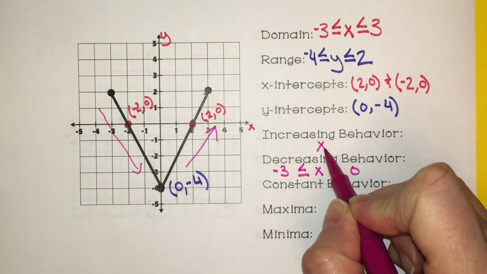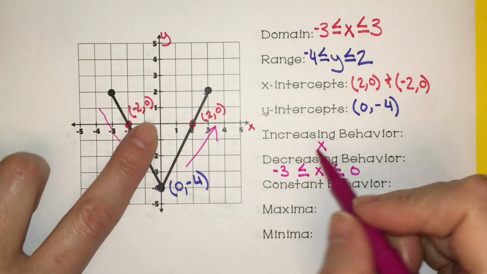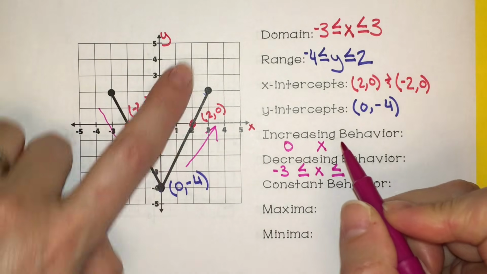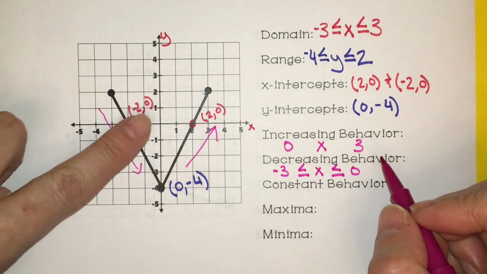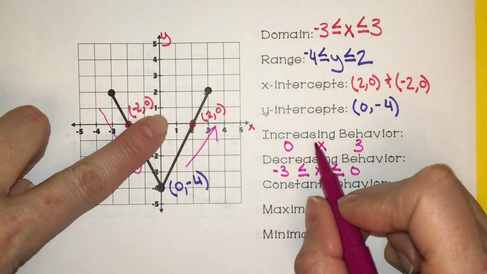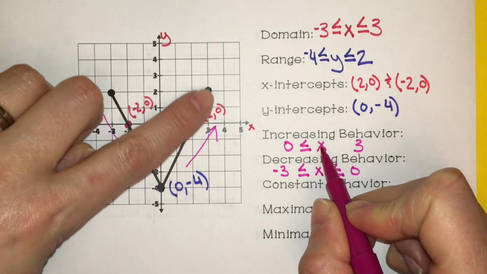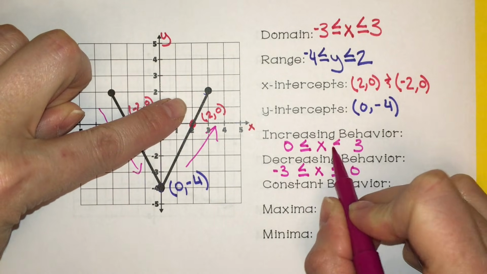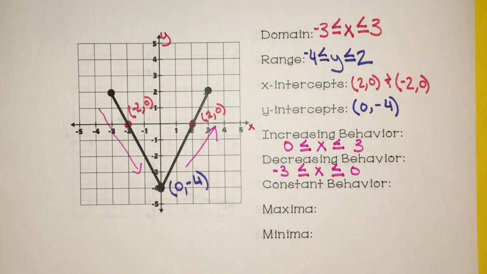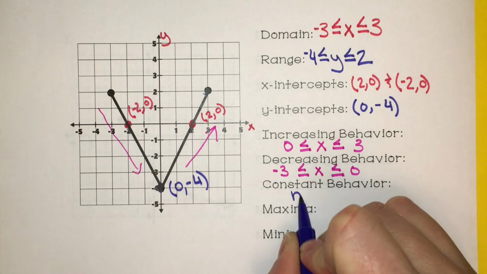The smaller value is 0, larger value is 3. Constant behavior, well, I don't have any horizontal lines on this, so there actually is none. So I'm just going to write none.